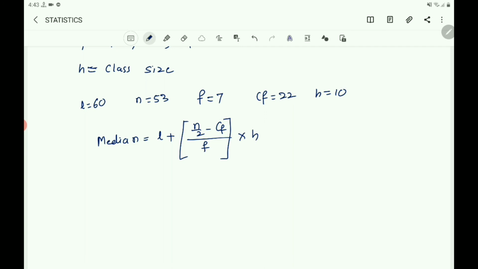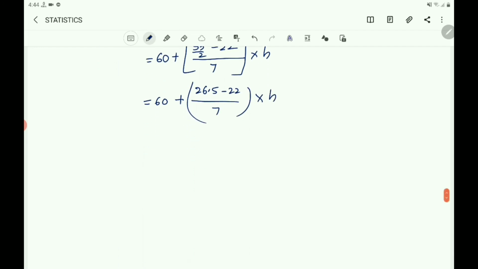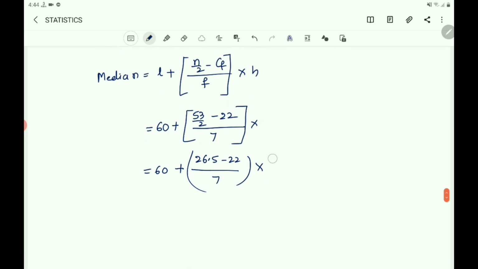into H. That equals L is 60 plus n is 53, 53 by 2 minus Cf is 22, by F is 7, into H. Then that equals 60 plus 53 by 2 is already calculated, that is 26.5 minus 22 by 7 into H. H value is to be substituted, you write 10.